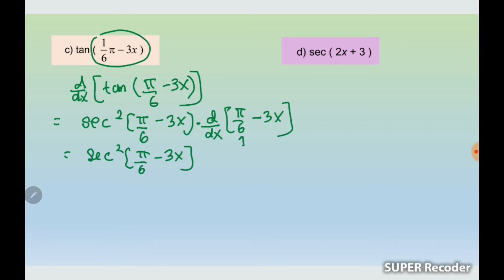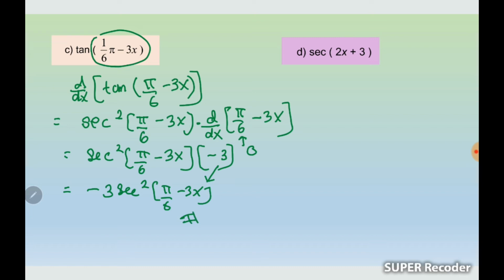Differentiate pi over 6 is 0. Differentiate negative 3x, negative 3. So the answer is negative 3, because this one is 0. So as usual, you have to bring negative 3 in front. So negative 3 secant squared(pi over 6 minus 3x) is the final answer.